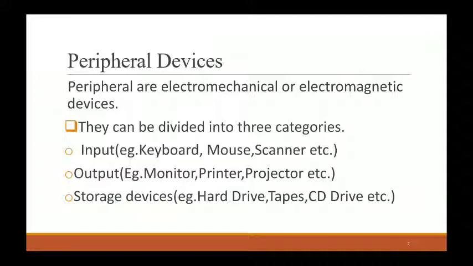So these are not pure electrical devices, electronic devices, as our CPU and all other internal components. And if we talk about the hard drive, then the electrical signals are stored in the form of the magnetic properties in our hard drive. So the magnetic drives, or the CD drive or hard drive, these are basically electromagnetic devices. So the peripheral devices are basically electromagnetic and mechanical devices.